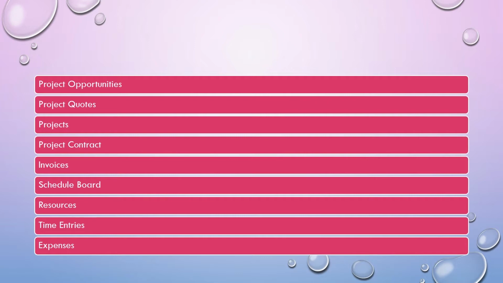In the sales model, we know we are going to sell the existing product. We know that this is $1,000 or $1,050. But here you don't know how much you need to charge the customer initially. So you need to create some project, apply the resources, and give a schedule for that project, and based on that you will get some estimate, and you need to send a quote to that customer based on the project estimate that you get. We will check that in our demo part.